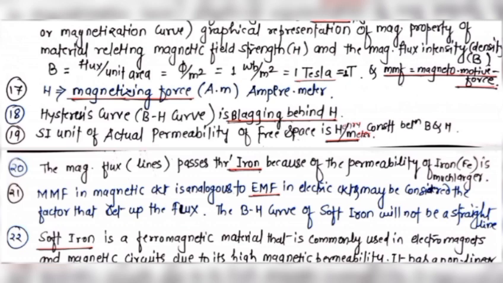H is the magnetizing force, AM, ampere meter.